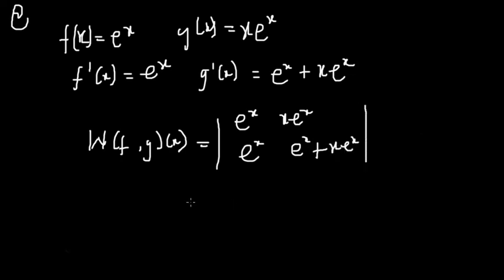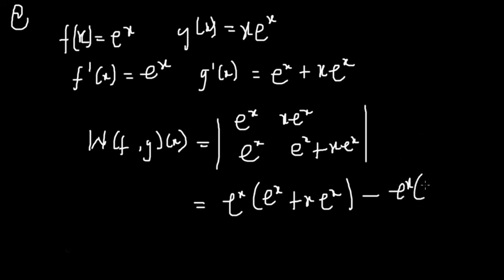Let's do the simple subtraction, and then we'll be done. This multiplying that, we have e exponent x multiplying e exponent x plus x e exponent x, and then minus this one multiplying the other one, e exponent x multiplying x e exponent x.